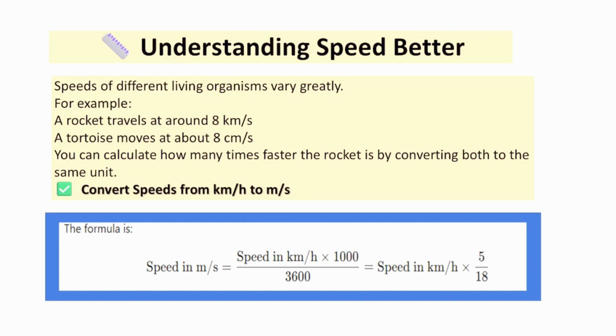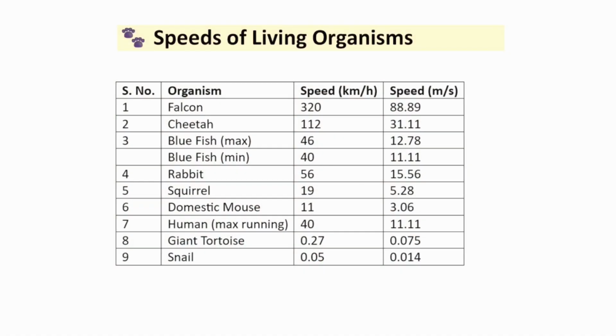To convert kilometer per hour to meter per second, multiply by 5 over 18. This simple formula helps us understand speed more accurately. Speeds of living organisms vary widely from the slow crawl of a snail to the rapid flight of a hummingbird.